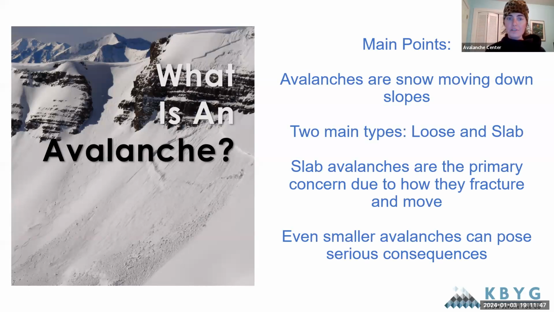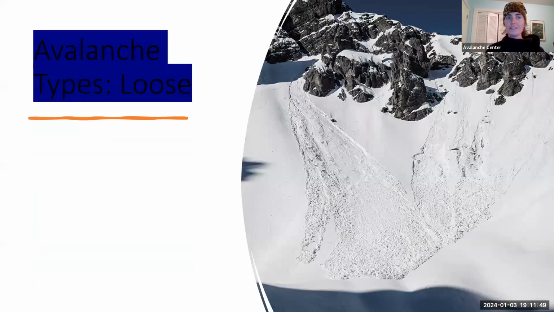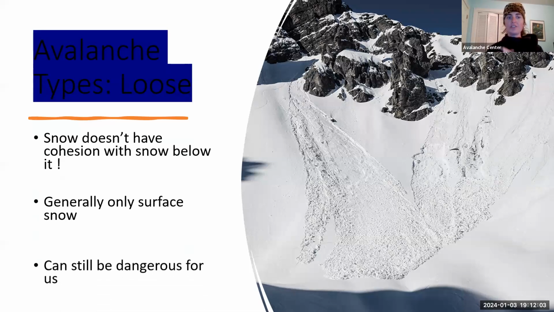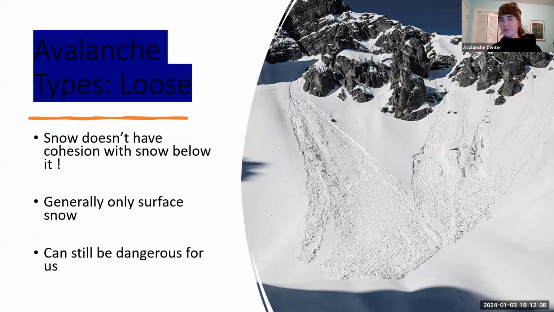So this is an example of a loose avalanche, and that's basically snow that isn't cohesive with itself. The snow is either dry or wet and doesn't stick to the snow underneath it. It's generally the surface level snow.